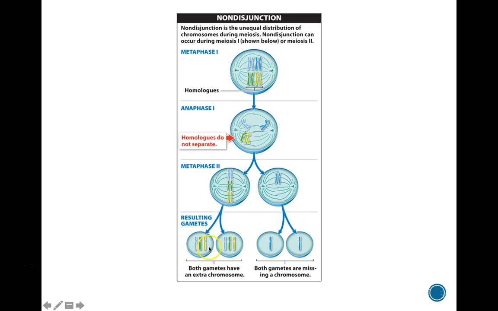Once these gametes fertilize, let's say this is an egg, and it's fertilized by a sperm, and it gets its other green copy, now we are going to have 3 copies of the green and 2 copies of the blue. So I hope you can see where the trisomy comes from. The trisomy does not come from 2 greens and a blue.